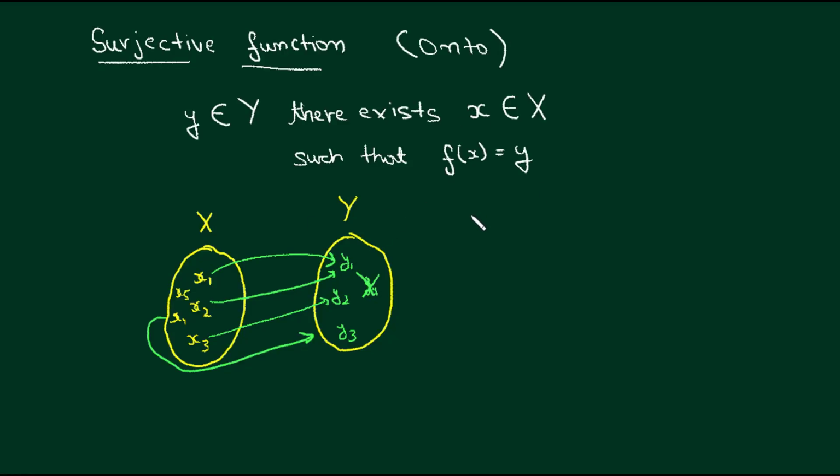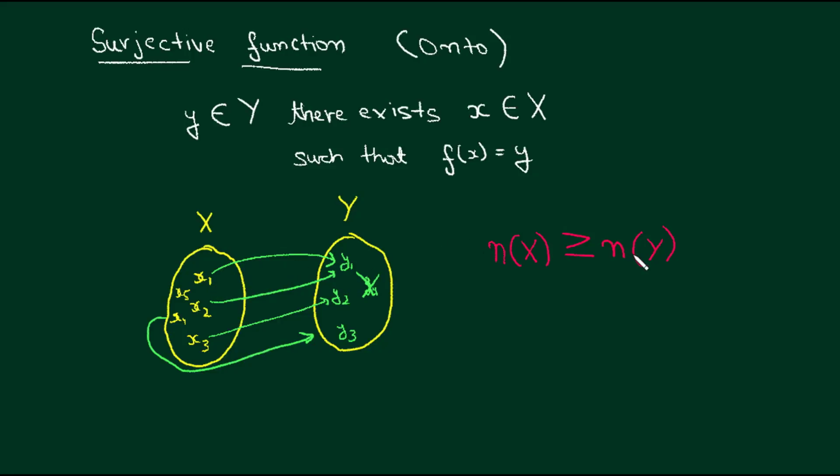And here we have again a very important implication. The number of elements in set X is greater than or equal to the number of elements in set Y. The cardinality of set X is greater than or equal to the cardinality of set Y, because every y is mapped onto by x.